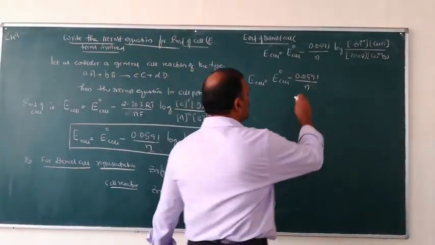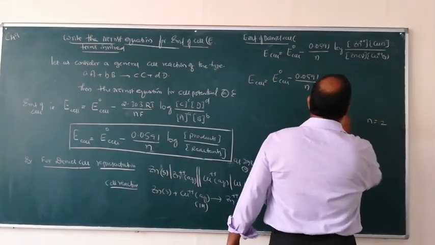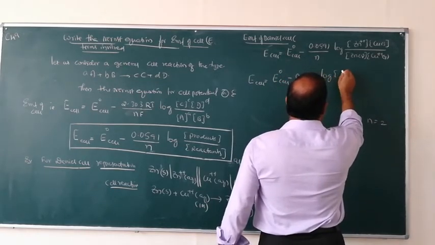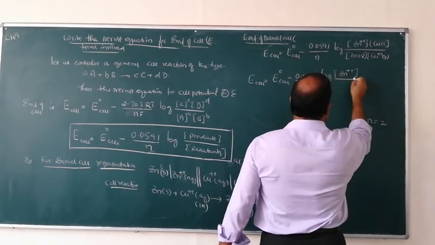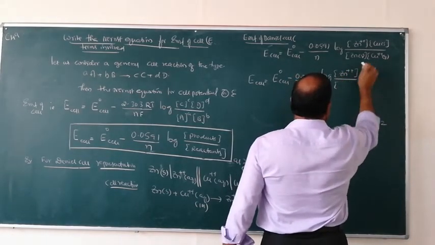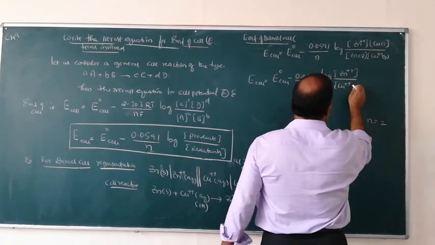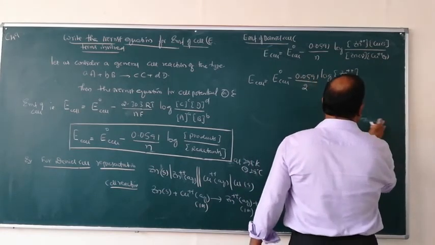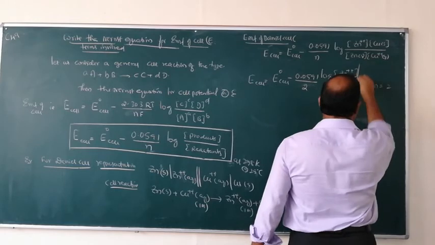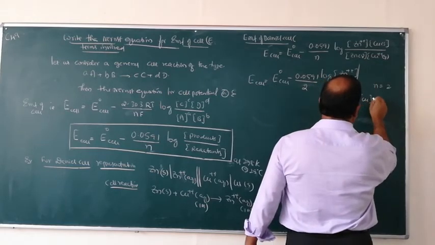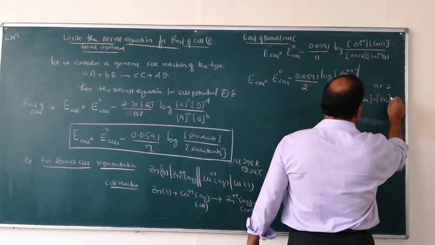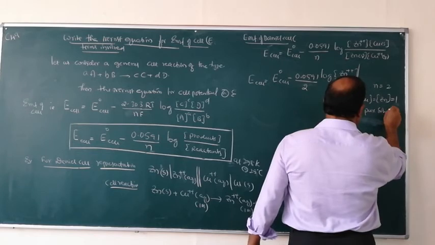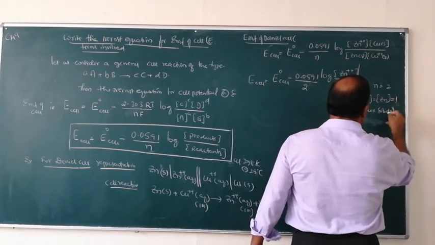Therefore n equals 2. You have to write 2. Here log of concentration of Zn2+ divided by concentration of Cu2+. Concentration of Cu is equal to concentration of Zn is equal to 1 because for pure solids concentration equals 1.